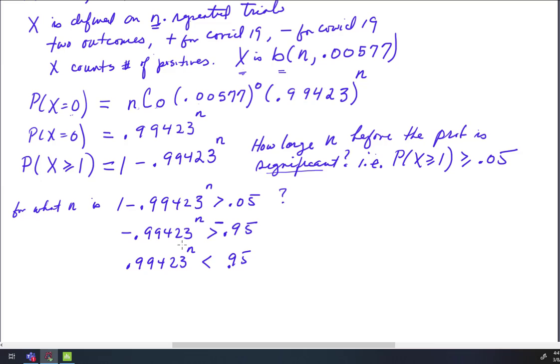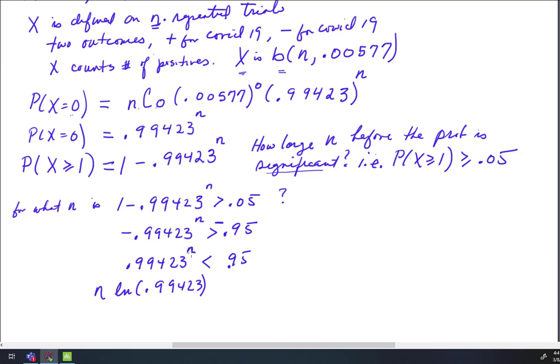Now the next step, since we want to solve for n, the thing in the exponent position, you know from previous work you have had in algebra, prerequisite for this course, that we would take the logarithms. So I would use the natural logarithms and say 0.99423.